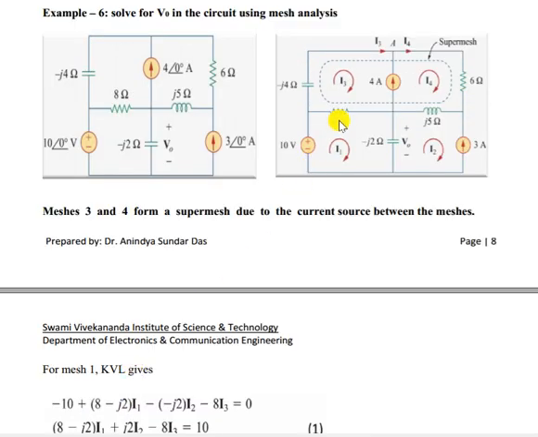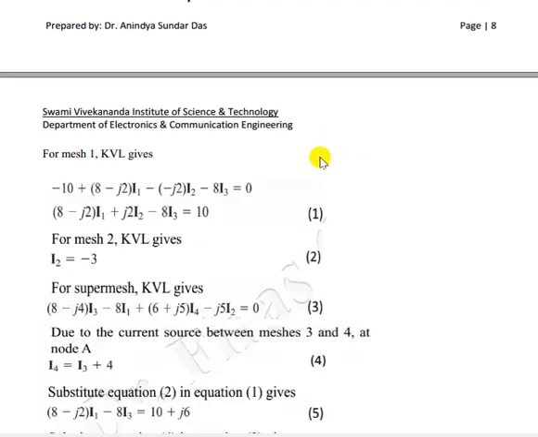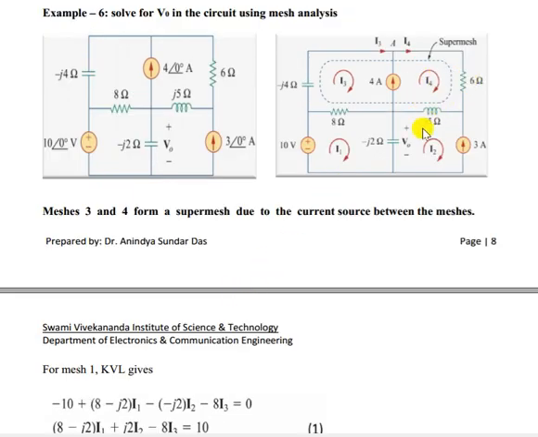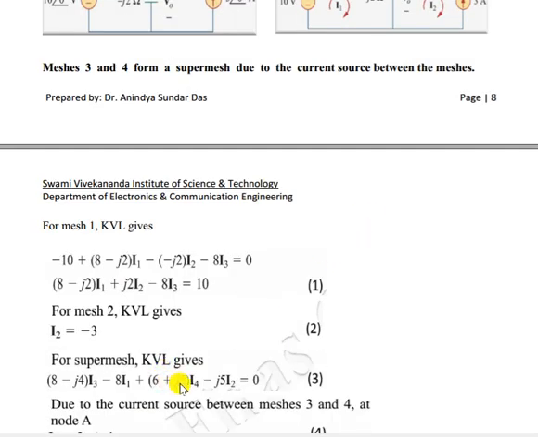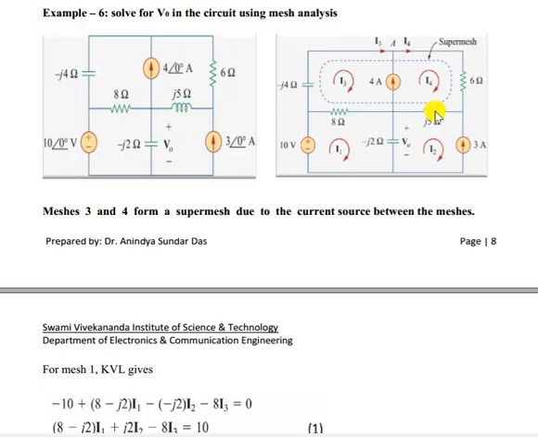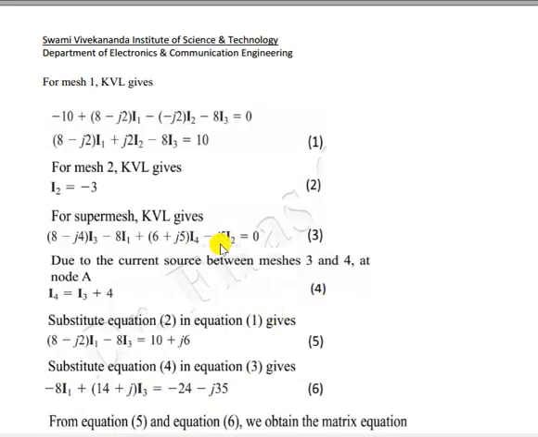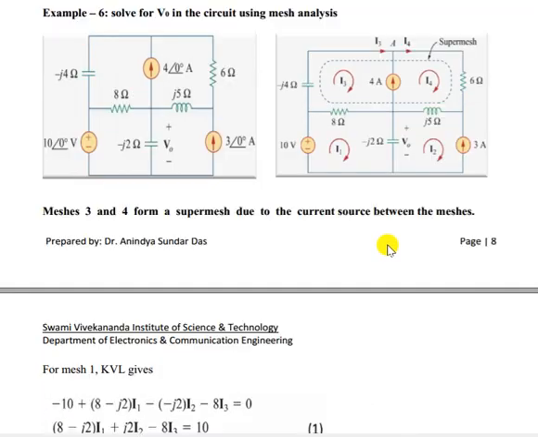Then this I1 is flowing through 8 ohm. So minus 8 I1. Then I4 is flowing through 6 plus J5 into I4. Okay. And I2 is flowing through this J5 also. So it will be minus J5 into I2 equal to 0. Okay.